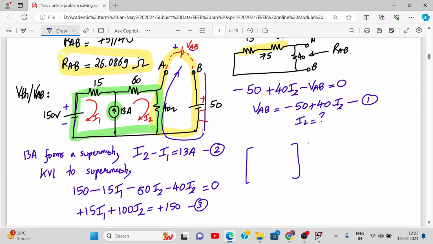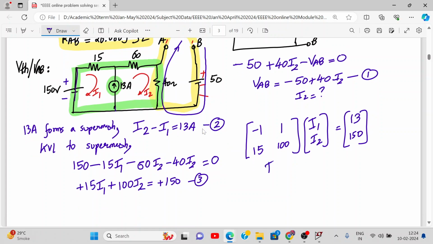Are the equations correct? This is I1, I2. So here it will be -1, 1, 13. Here it will be 15, 100, 150. Now you need to tell me I1, I2. How much is I1, I2?